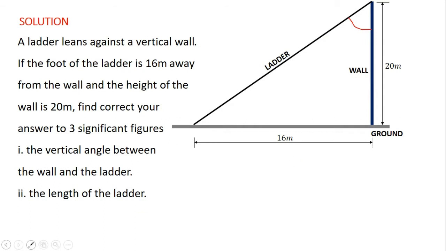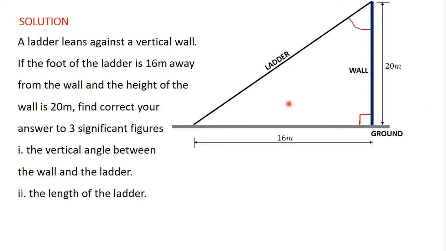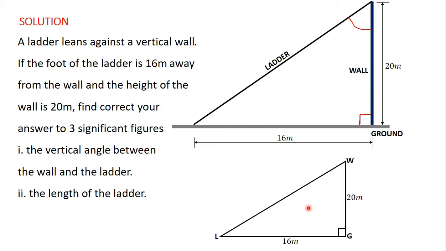Now you can see from here that the wall is on the ground. Looking at how the wall is on the ground, this side is a right angle or the 90 degrees angle. So we can form a right angled triangle from this diagram. So we form this simple right angled triangle. This is the ladder, this is the ground level, and this is the wall.